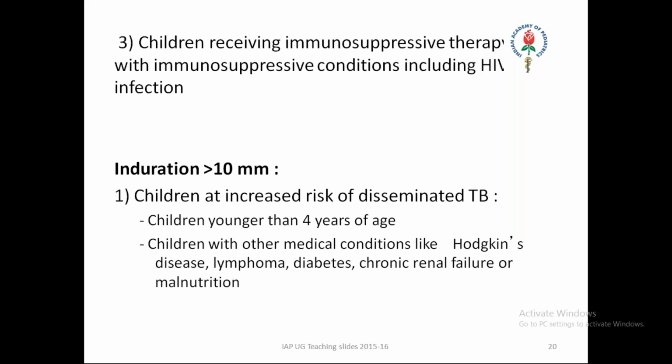And if the induration is greater than 10 mm, the risk factors are children at increased risk of disseminated TB, like children less than 4 years of age, and medical conditions like Hodgkin's disease or lymphoma, diabetes, chronic renal failure or malnutrition.